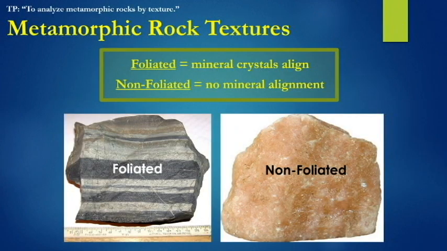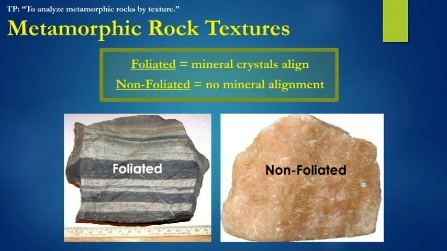All right, let's go over the textures. So there are basically two textures that a metamorphic rock can exhibit upon being metamorphosed. The first texture is called foliated, and we've already seen foliated. It's when the mineral crystals align, they elongate. When we say foliated, that's actually what that pretty much means.